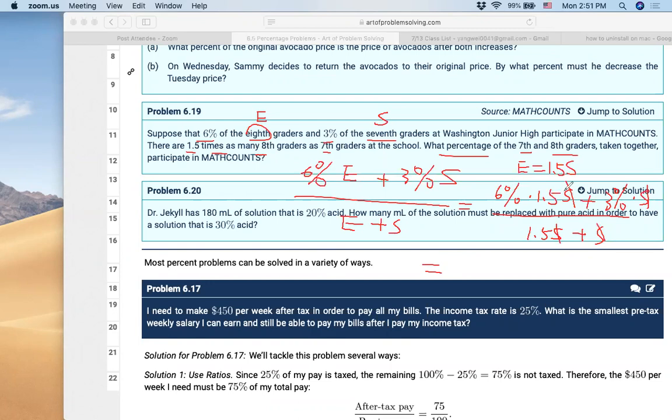So this will be 6% times 1.5 plus 3%, over 1.5 plus 1. Later we still want a percent, so let's multiply 100 to the numerator and the denominator.